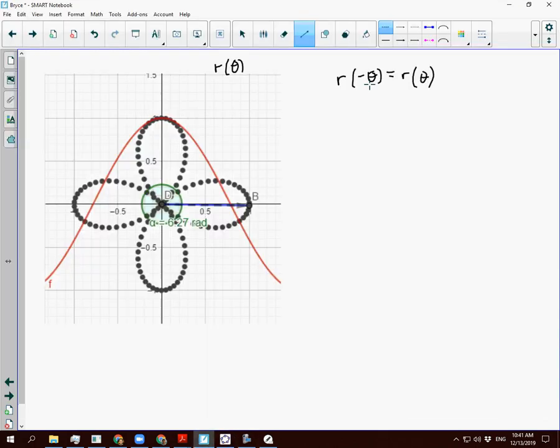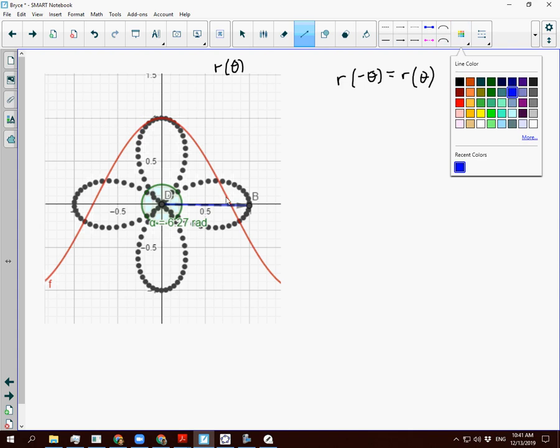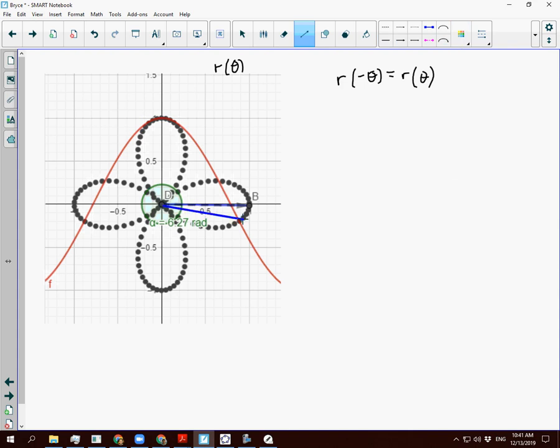Negative theta gives you the same r value as theta. Negative theta and theta have the same r value. Okay? So this is polar axis symmetry. Now, let's show that this actually does have polar axis symmetry.